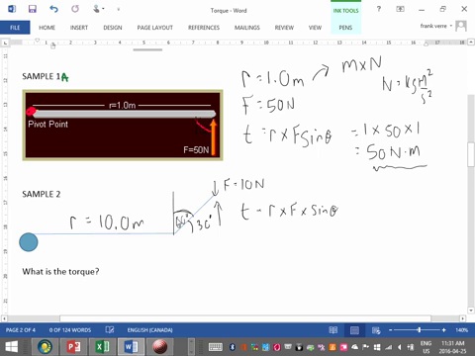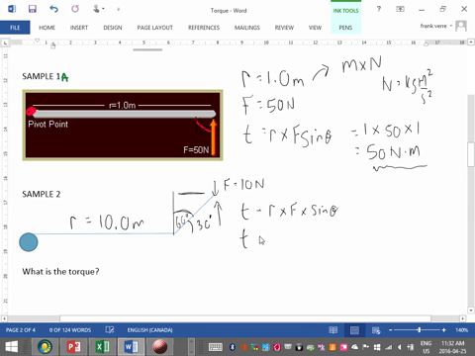And if you weren't paying attention, you might say R times F times sine 60, and you wouldn't get the right answer, because that would give you this component. And we don't want that. We want the component that's perpendicular to R, okay? So don't just blindly plug in numbers. You have to understand what that sine theta is referring to.